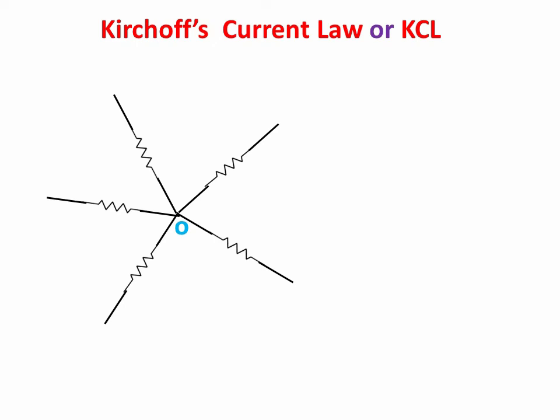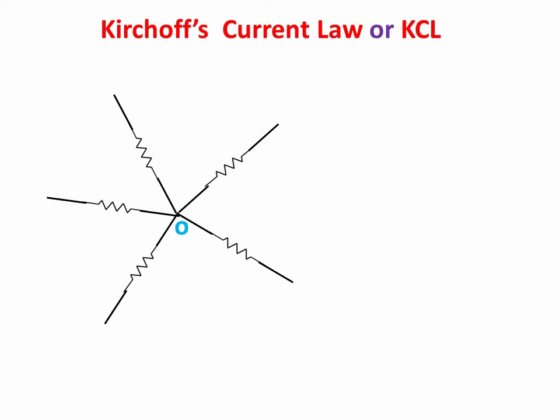Current means flow of charges. So, when a current enters a path, it should leave at some other path. Thus, a minimum of one entry path and a minimum of one leaving path is essential. Let us consider this figure.